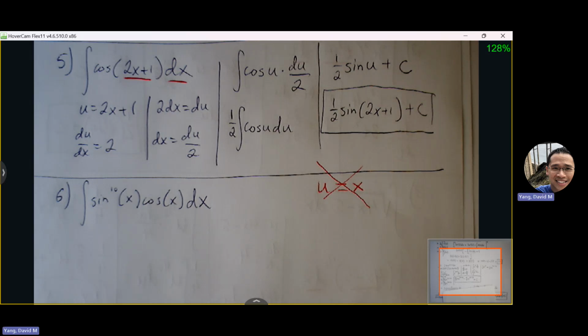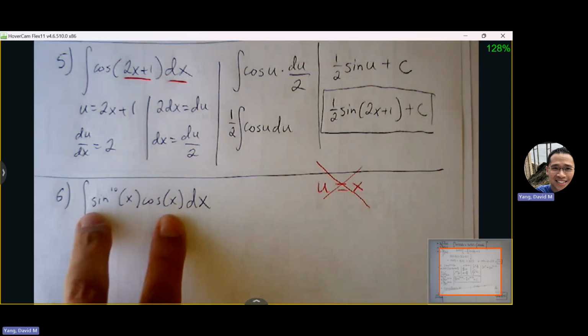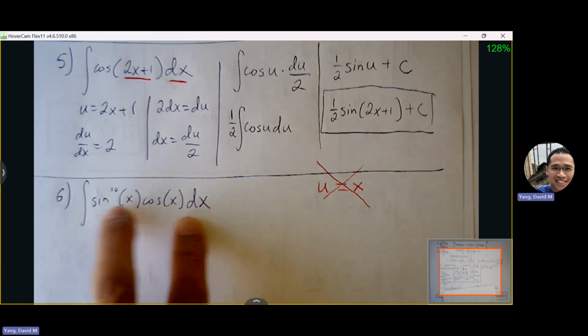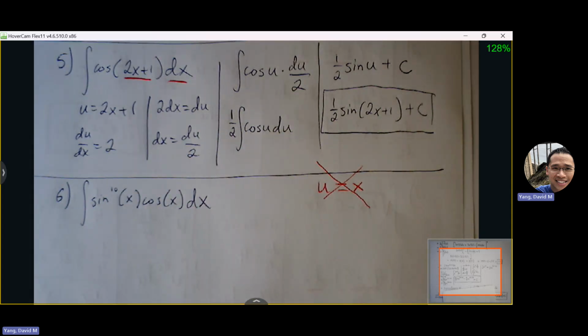Right. I'm not changing the problem. I'm making the same problem look like it has a different variable.